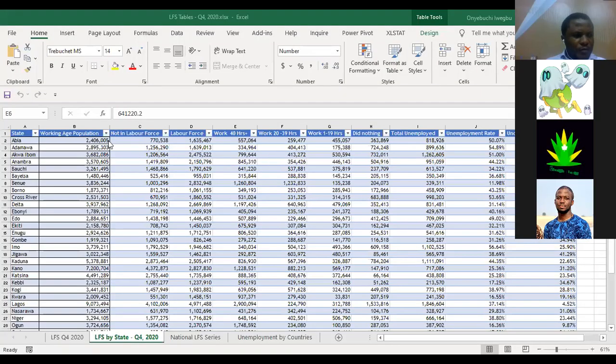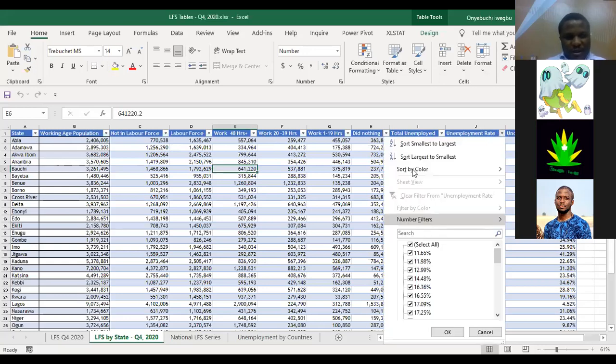So we have it here for you to see. Okay, so you can see those states. Abia, Adamawa, Abia, unemployment rate is 50%. Let me sort it now from largest to smallest.